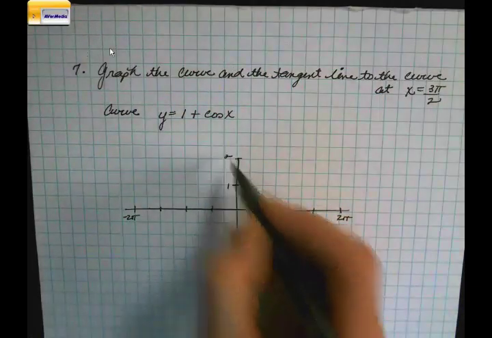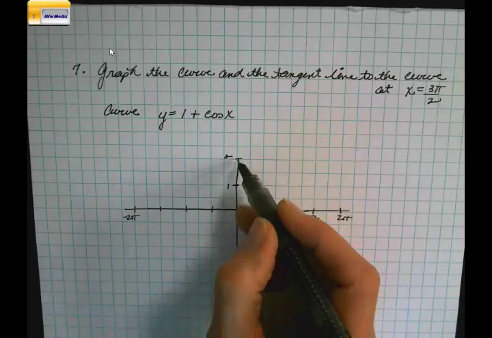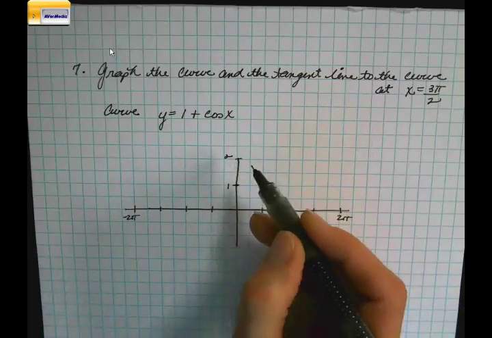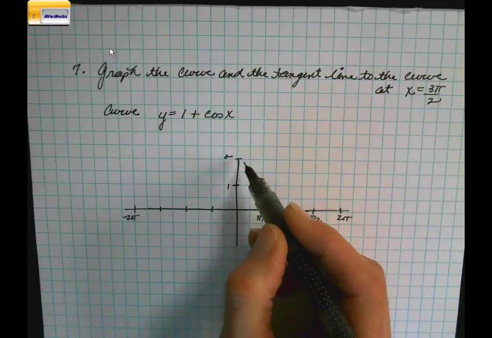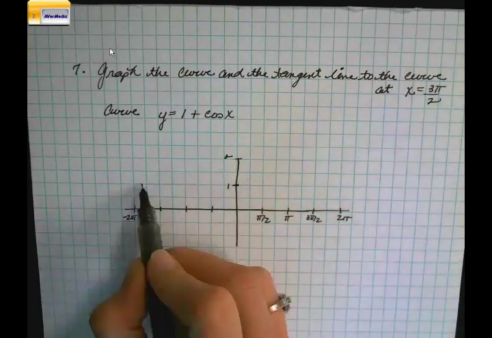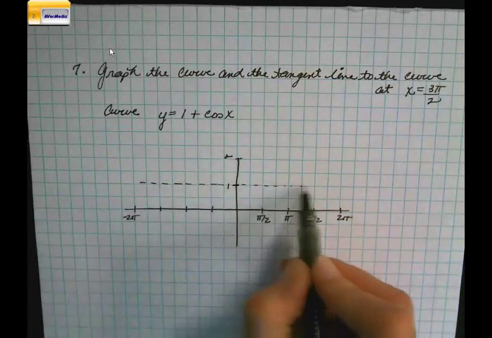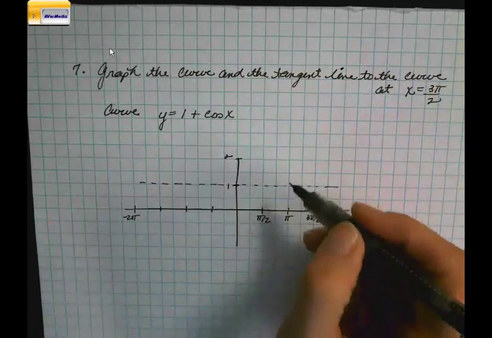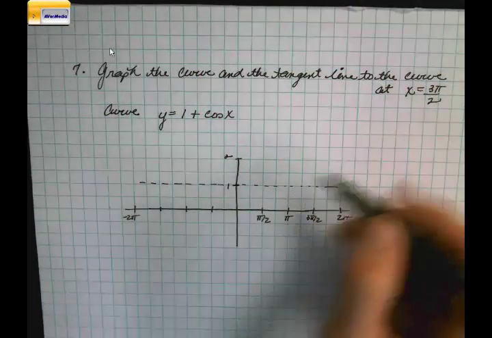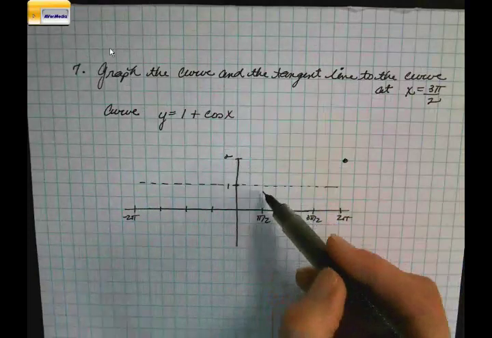If this is 1, and this up here is 2, then we're jumping at 1. Make certain I get this right.